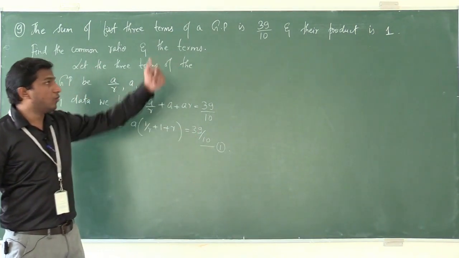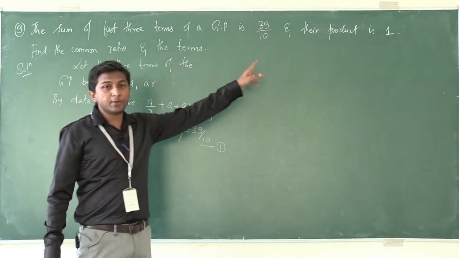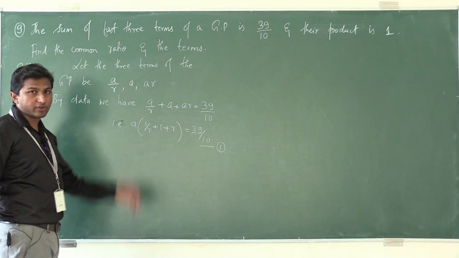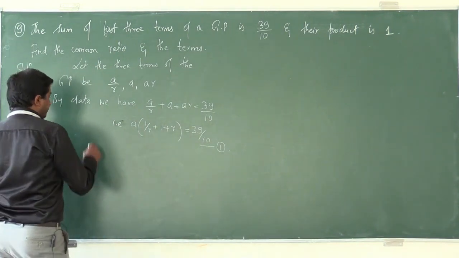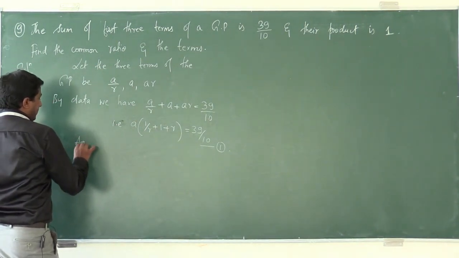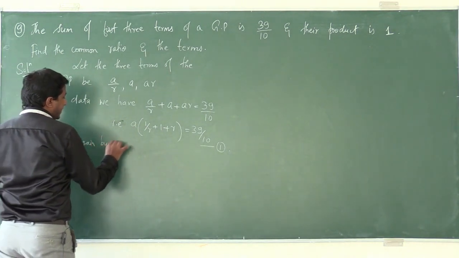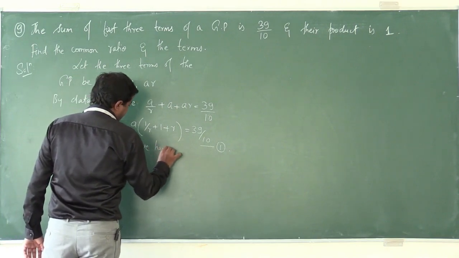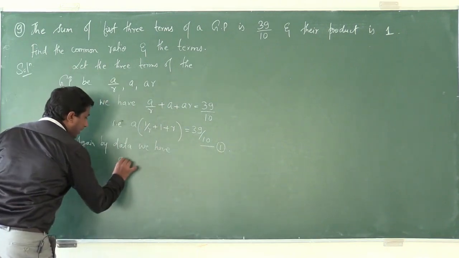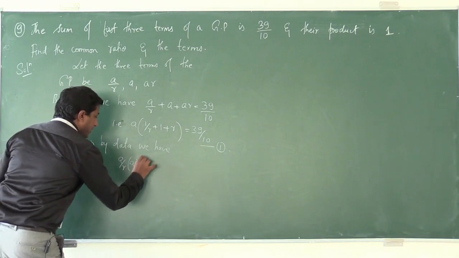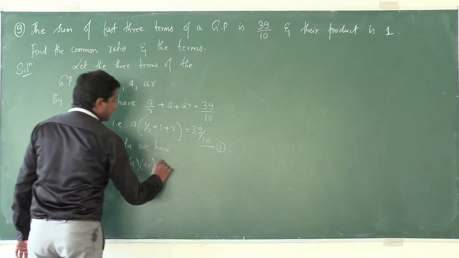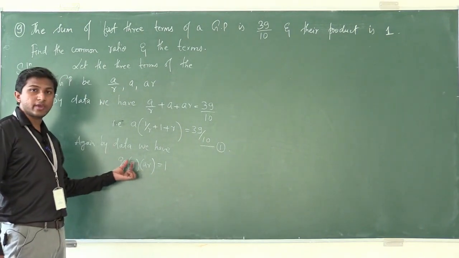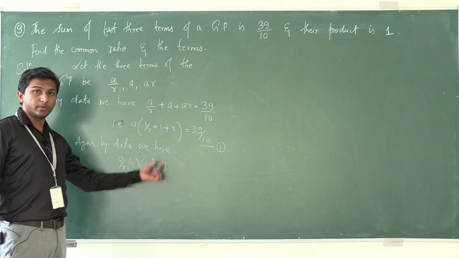Then what else is given in the question? Their product is 1. So product of these three terms, I have to write it to be equal to 1. Again by data we have a by r into a into ar equals 1.